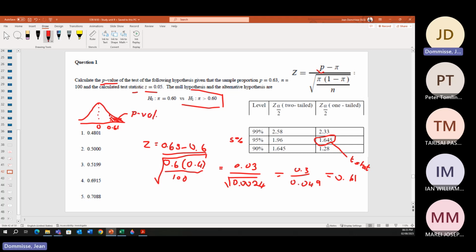Okay, it's one tail, so we don't need to multiply by 2. If it was two tail, if that was not equal to, we would have multiplied by 2, but because it's one tail, whatever the answer is will be the one that we're working with.